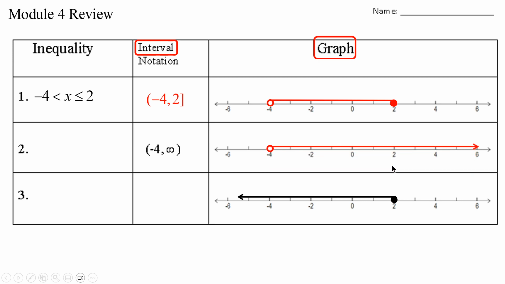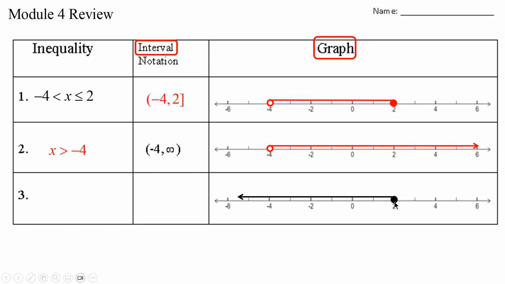So you just draw a line going forever to the right. And now, to do this in set notation, let's go x is, and now we've got open dot going to the right. That means we're greater than, and what is x greater than? The -4.